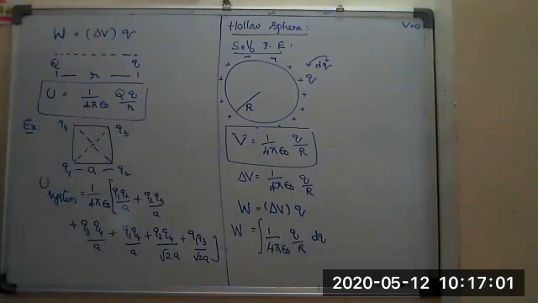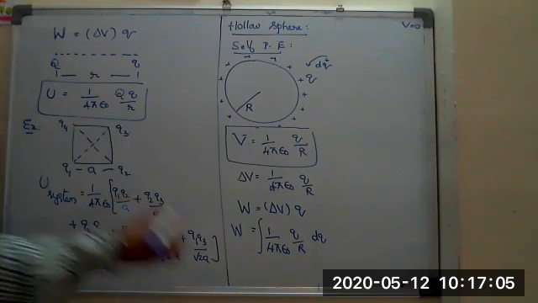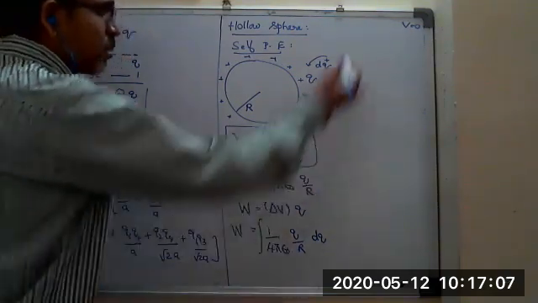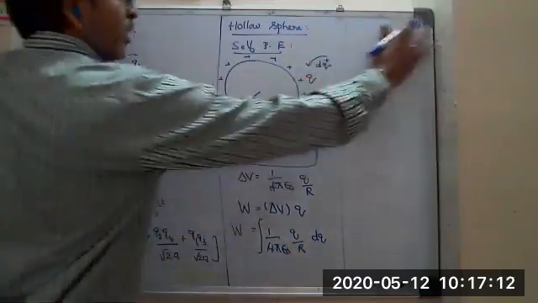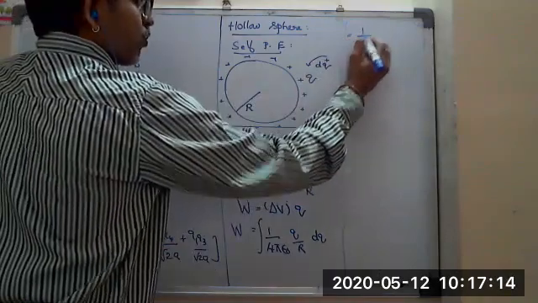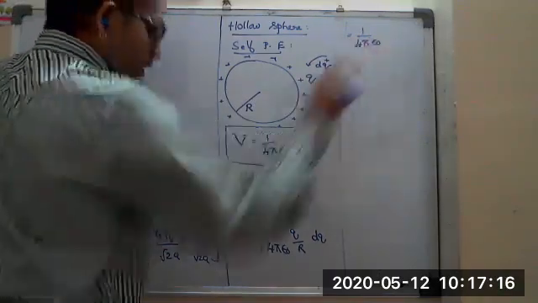Okay. So what is the total work done, sir? If you see, here it is very simple. Why? Because these things are constant and taken out. That equals 1 by 4 pi epsilon naught.